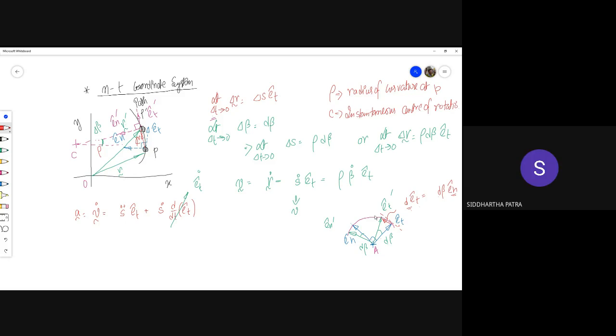One second. Just one second. When I draw it in an exaggerated form, it doesn't look like it. But if you really think about it, if this d beta angle is really tiny, then this differential change in et would actually be tangential to the circular arc.